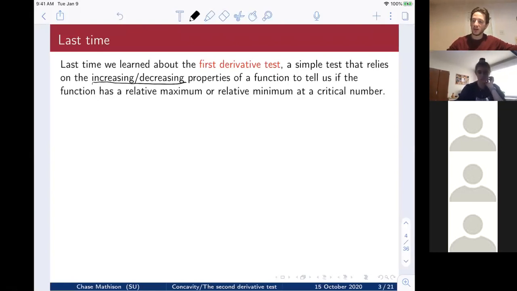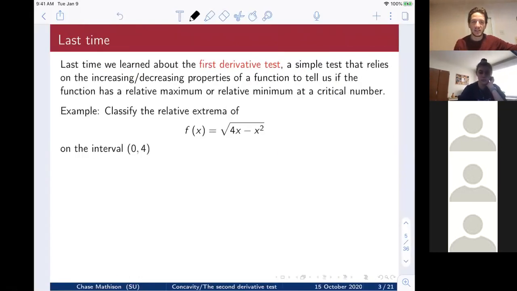Let's look at an example really quick to remind us of what the first derivative test looks like in action. Classify the relative extrema of the function f of x is equal to the square root of 4x minus x squared on the interval 0 to 4.